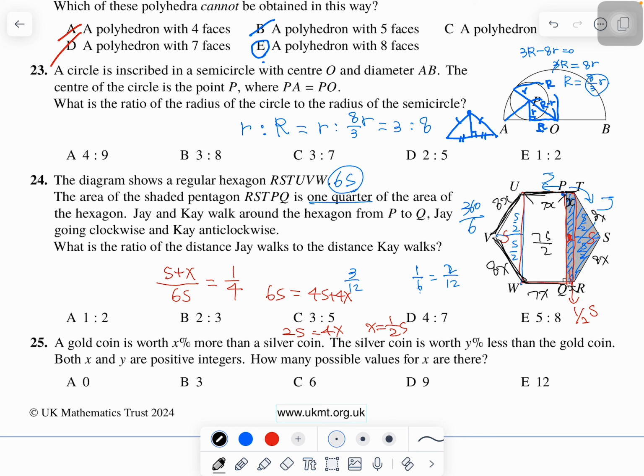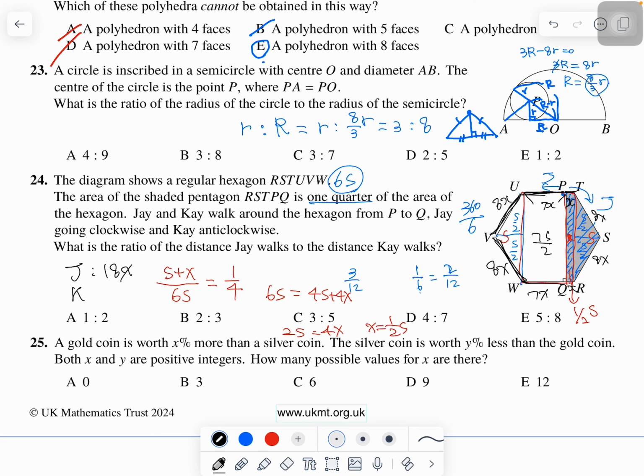So J walks around this hexagon clockwise. So she is walking 9x, 18x. So J walks 18x.